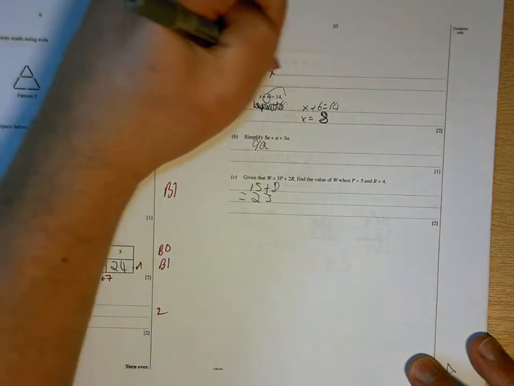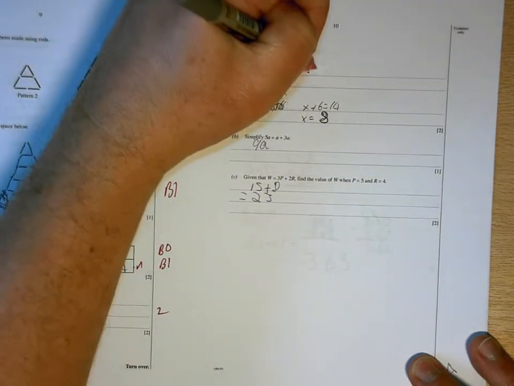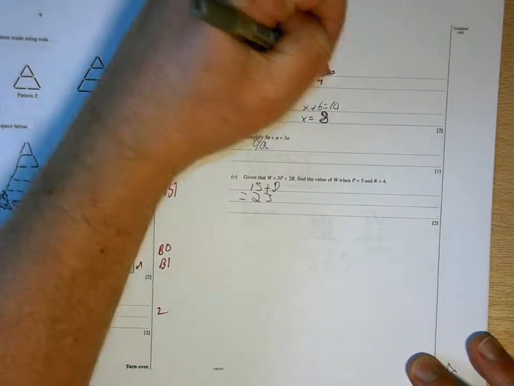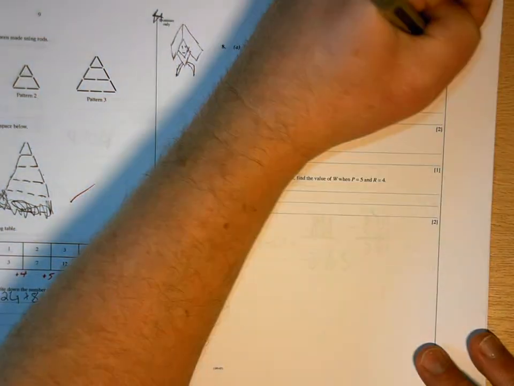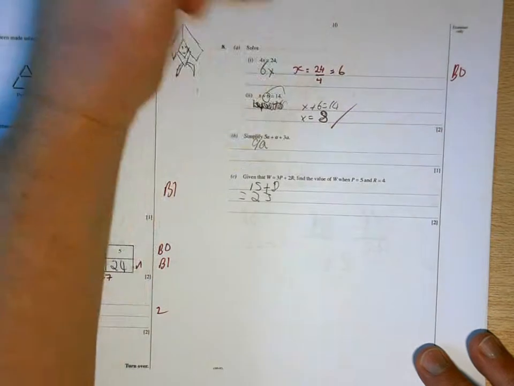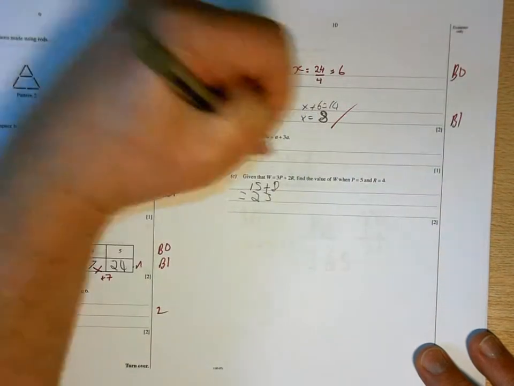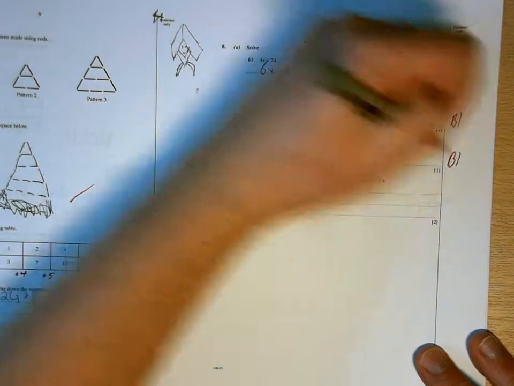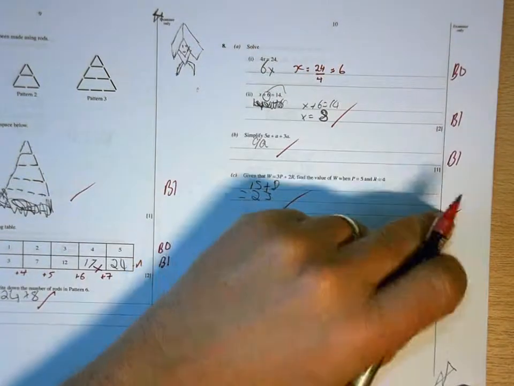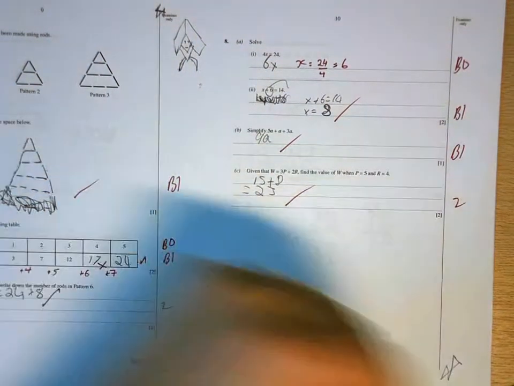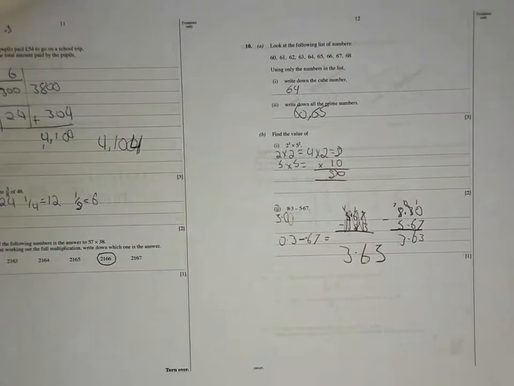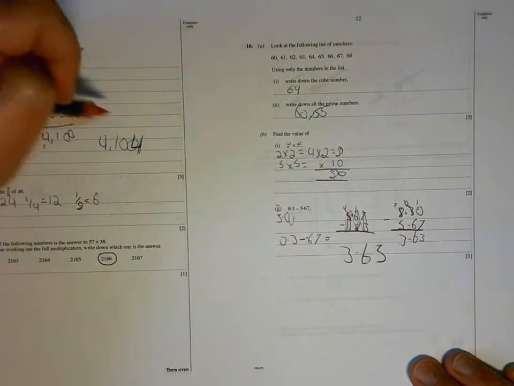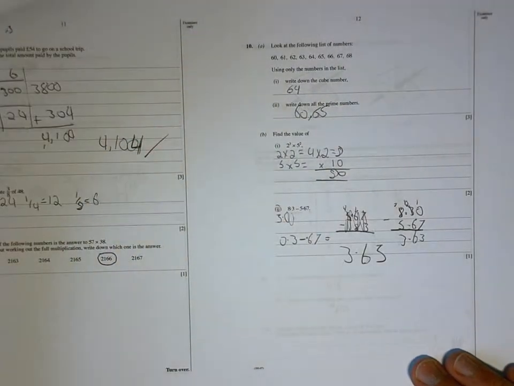Okay, it's not 6x, x equals 24 divided by 4, which is 6. So I can't give you the mark for 6x. I can give you that one because that one's right. That one's right as well. And so is that. So that's good. 2, 4, 6, 8 for the page. .4104 is correct.